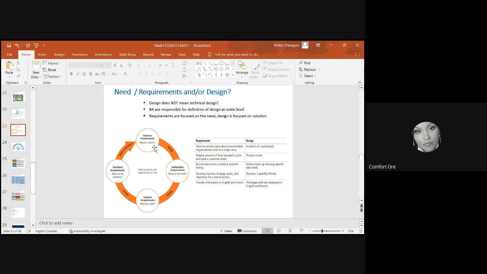Okay. So we're saying design does not necessarily mean technical design. These are responsible for definition of design at some level. Requirements are focused on the need. Design is focused on the solution.